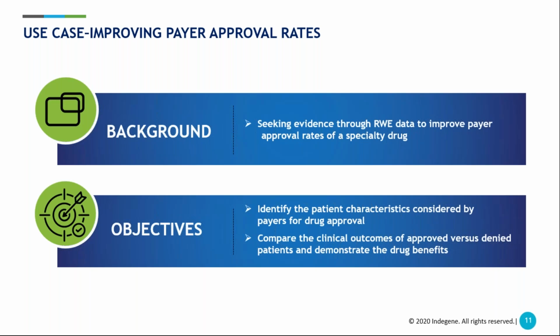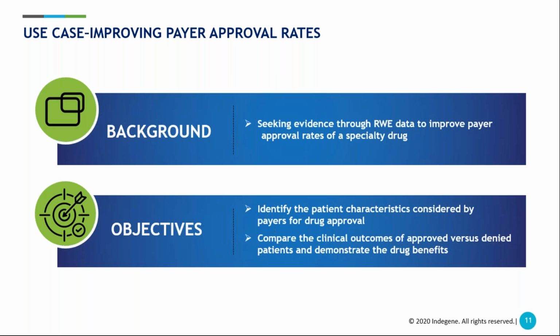Even though the efficacy was quite high, there were a lot of cases wherein the drug claim was getting rejected. So the client needed our help in understanding the patient characteristics the payer considers before taking their decision, and also in comparing the clinical outcomes of approved versus denied patients, so that they can see the drug benefits coming right out of the actual data. This will serve as evidence for them.